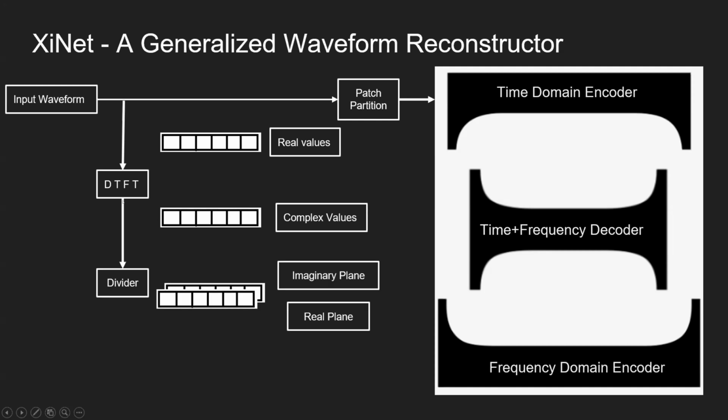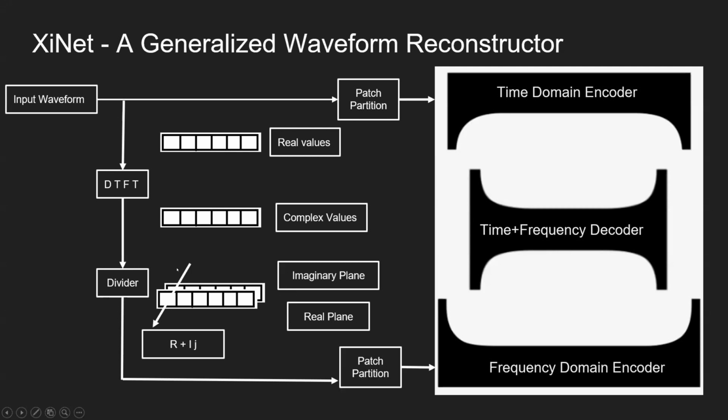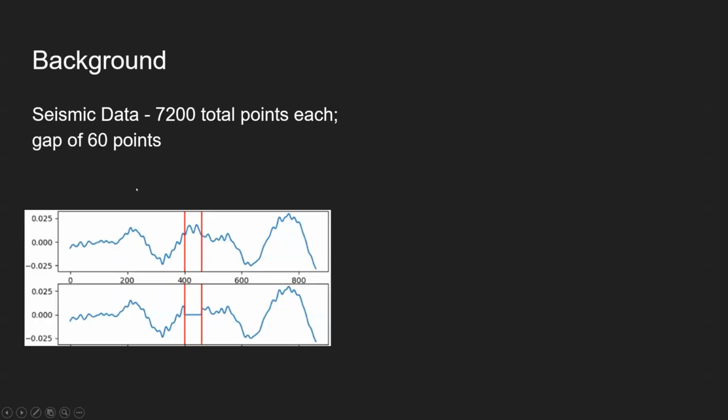And then using a divider, we divide that into imaginary plane and real plane. And then we stack them laterally so that we can feed it to, again, a patch partition and then to the frequency domain encoder. And then the features are extracted from these two and fed to the decoder, which gives out the reconstructed waveform.